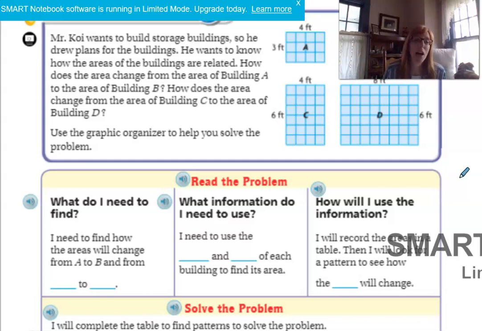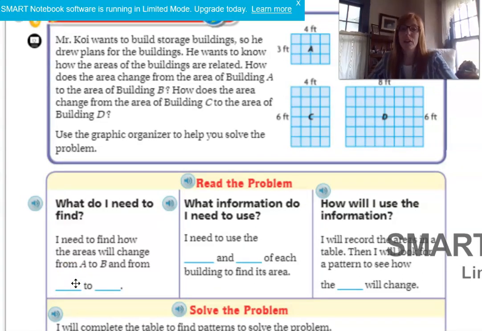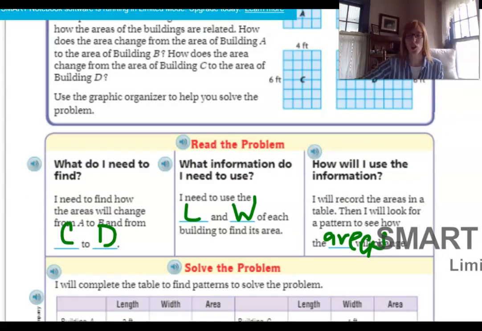And it says, I need to find how the area will change from A to B and from C to D.